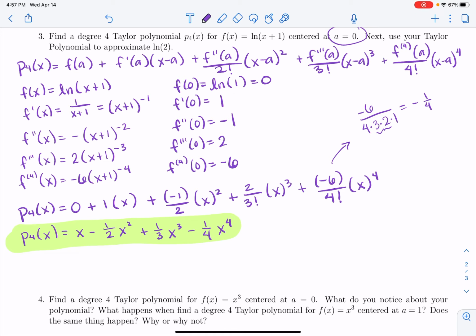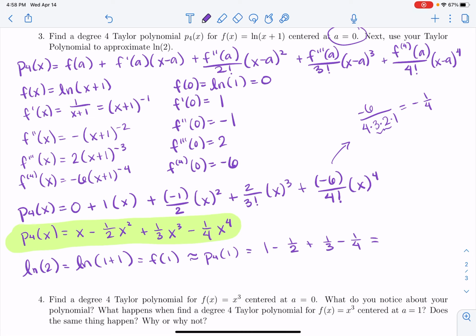So we are using our Taylor polynomial to approximate natural log of 2. Natural log of 2 is equal to natural log of 1 plus 1. And remember, f of x is natural log of x plus 1. So this means we're looking at f of 1, which should be approximately equal to P4 of 1, which would be 1 minus 1/2 times 1 squared plus 1/3 times 1 cubed minus 1/4 times 1 to the fourth.